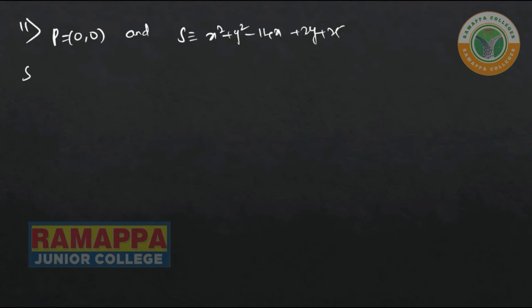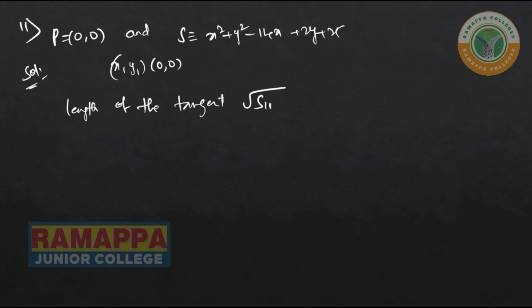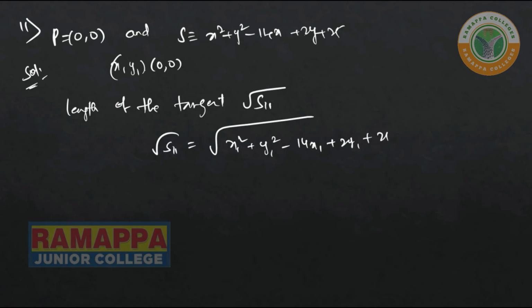Here the second question, solution. So P is equal to x1 comma y1 is 0 comma 0 given, x1 y1 is 0 comma 0, and the given circle is that one, and we have to find the length of the tangent here, under root of S11. So under root of S11 is equal to under root of, so here the equation is x1 square plus y1 square minus 14x1 plus 2y1 plus 25.